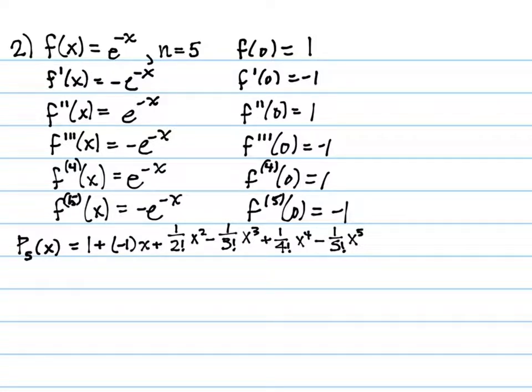All right, let's take a look at what happens when we find a Taylor polynomial instead of a Maclaurin polynomial. It's very similar, but it just looks a little bit different at the end. So we're going to do the same kind of directions.